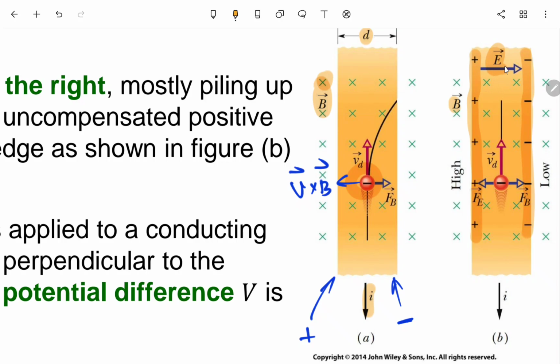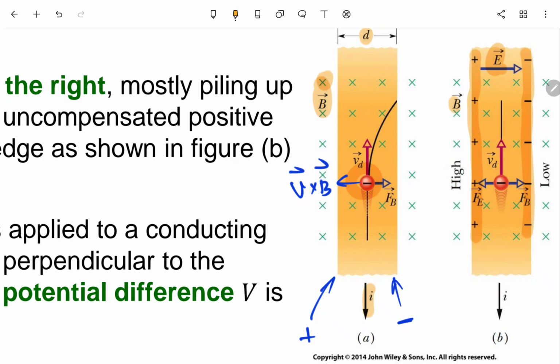So in such a way, this E field points to the right side, and this is a negative charge. Due to this E field generated by this charge distribution, there will be a Coulomb force also acting on the charge. Okay, as much as the E field points to the right side, and it is a negative charge, Fe points to the left side.